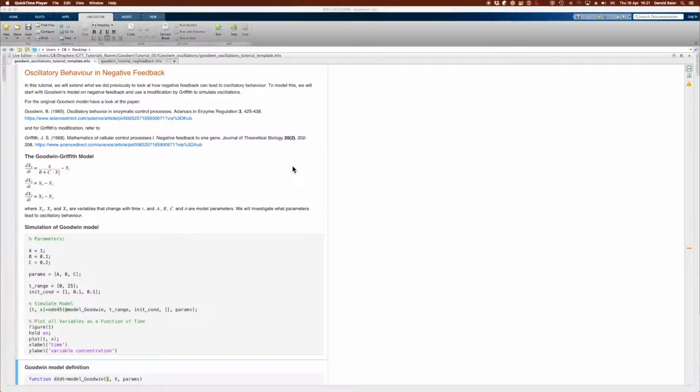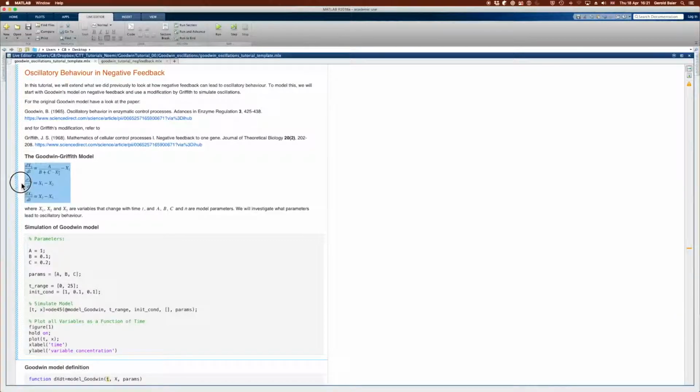So very similarly to last time, we have the differential equations that I've highlighted now, and these differential equations specify our model. They look very similar to what we did last time, with one small difference, and the difference is in this inhibitory term in the first equation, where we have an exponent n.